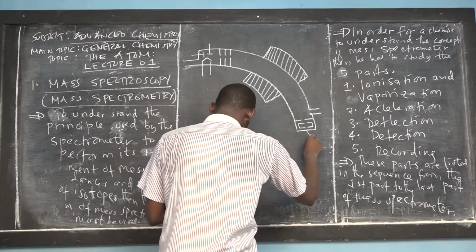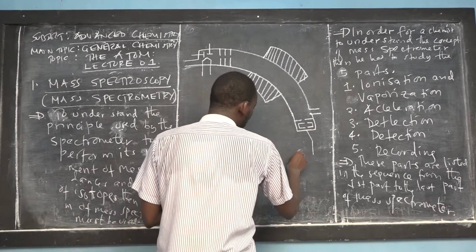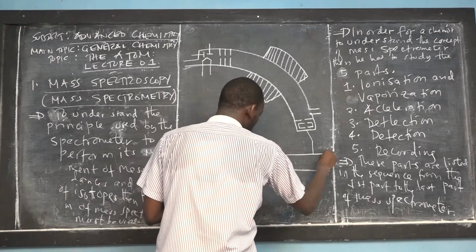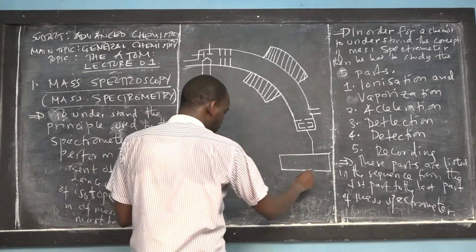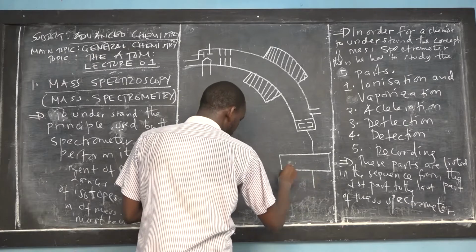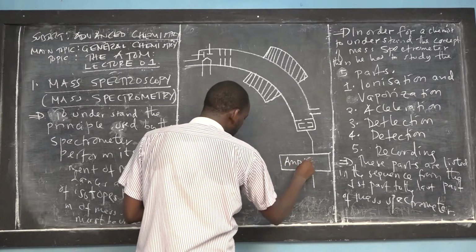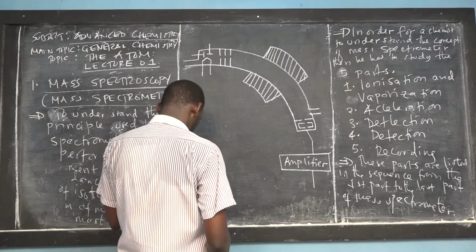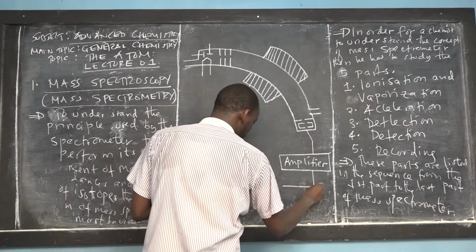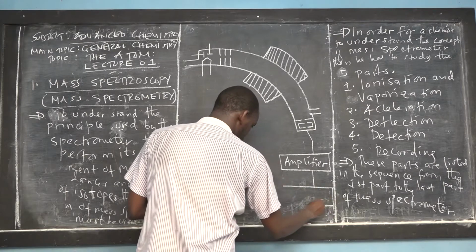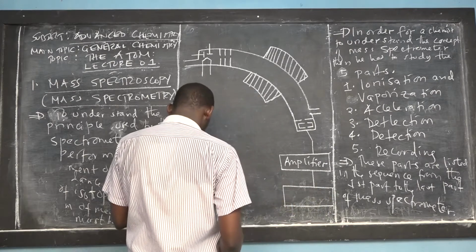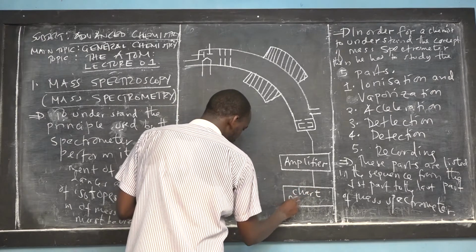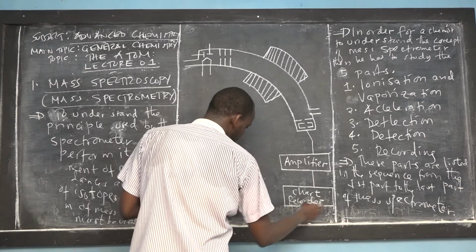Then we have the output at this point. It goes to another section. And then the output of this section, and this one we call the amplifier. This goes to another section. We call it the chart recorder. Very important part. This is the recording section.